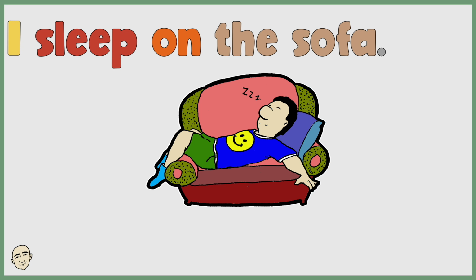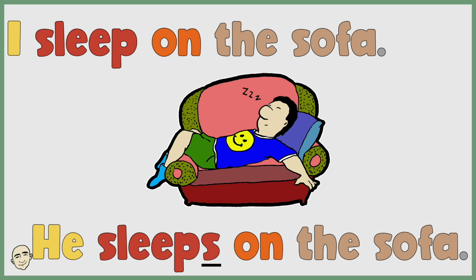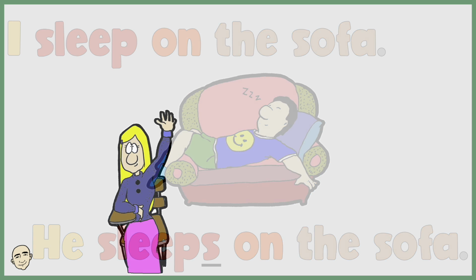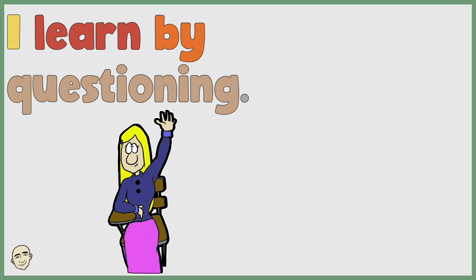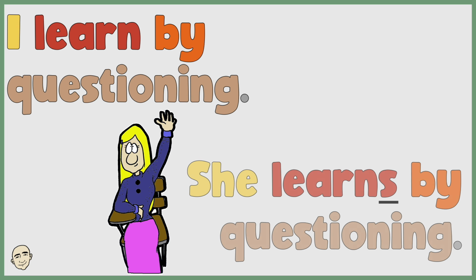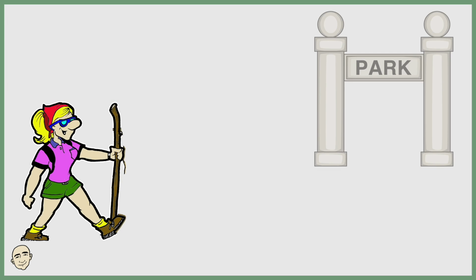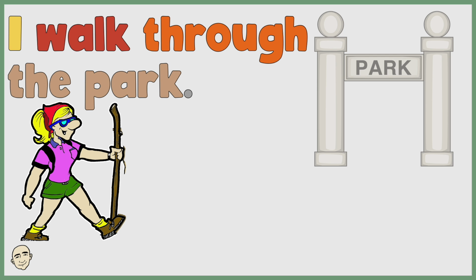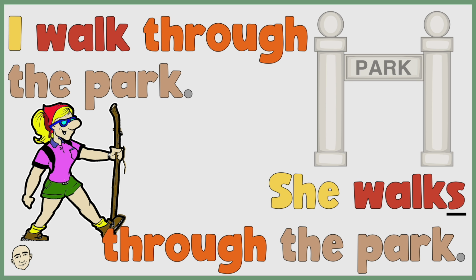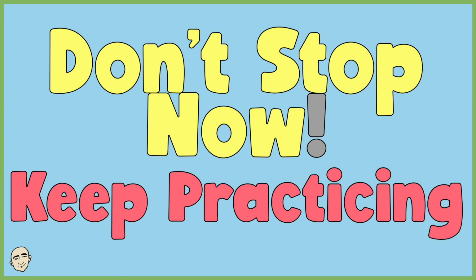I sleep on the sofa. He sleeps on the sofa. I learn by questioning. She learns by questioning. I walk through the park. She walks through the park. Don't stop now. Keep practicing.